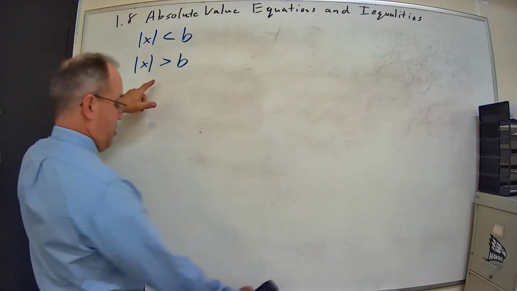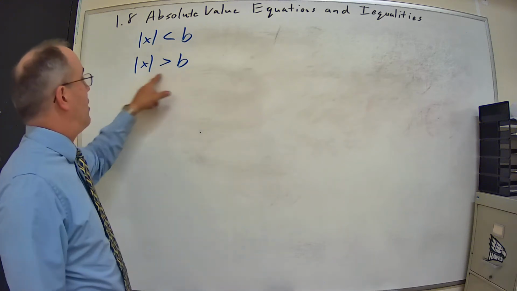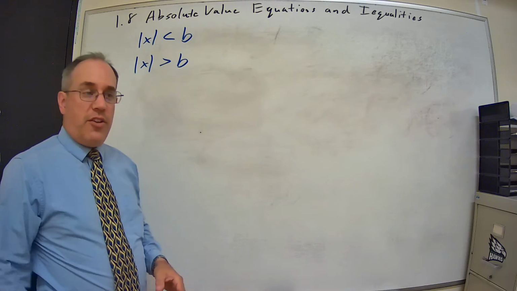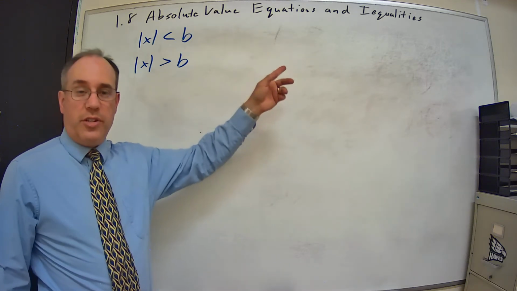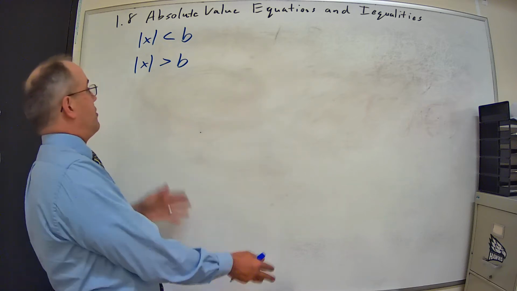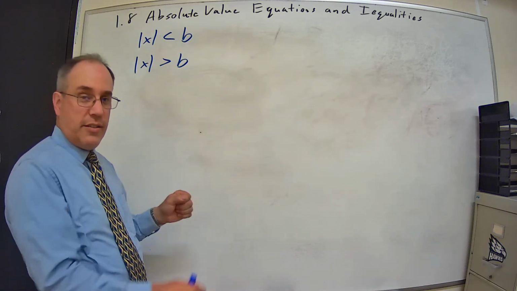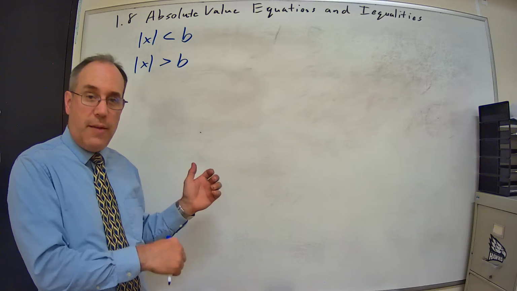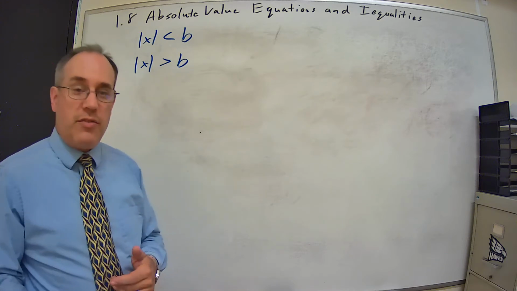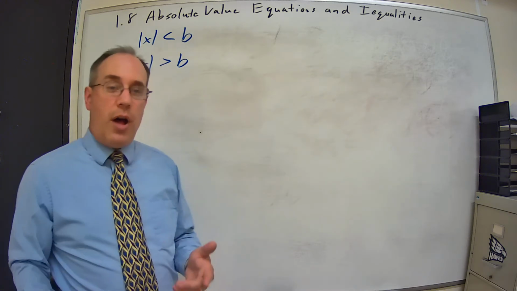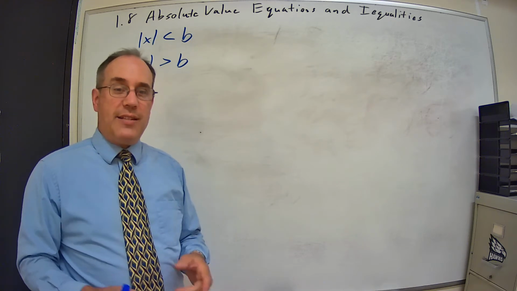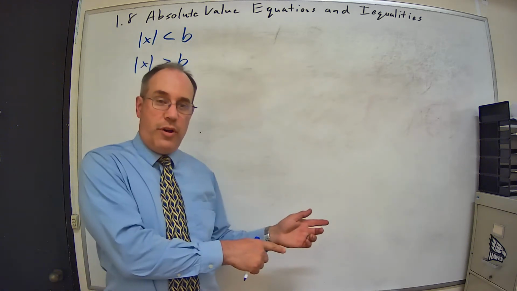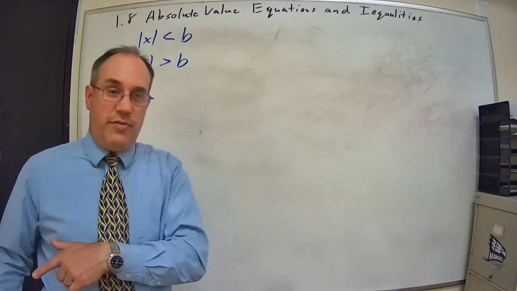Whereas if you're dealing with greater than, you're going to have to treat it as two different examples, just like we did with the equations. You do one where it's less than negative b, the other where it's greater than positive b, because it is impossible to have a value that is less than some negative number, yet greater than some positive number.